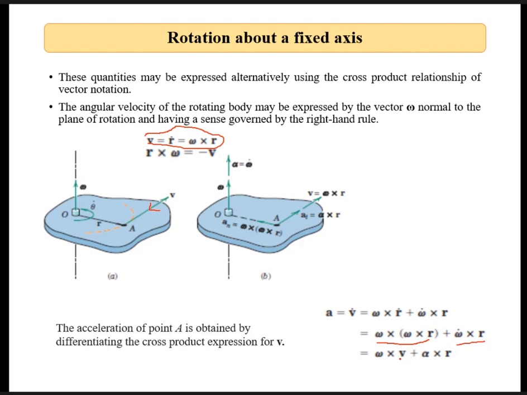So omega cross V plus omega dot, which is your alpha, or your angular acceleration. So this is how you can get the acceleration.